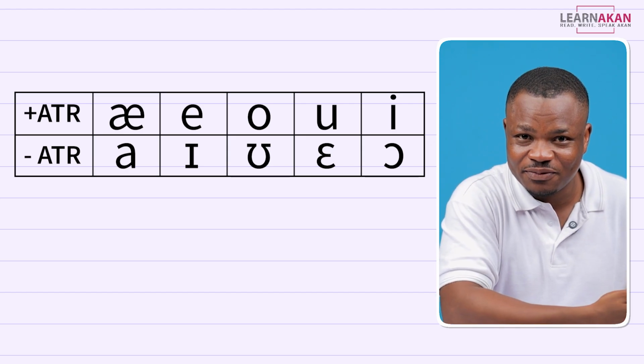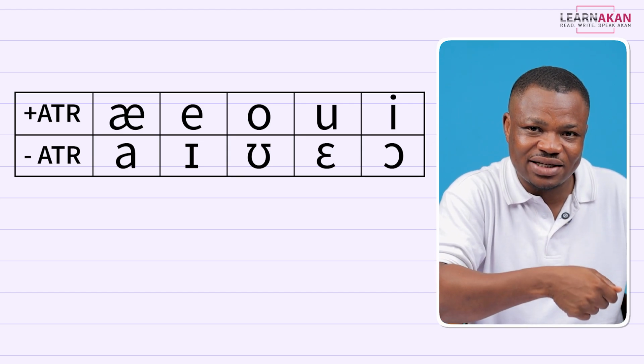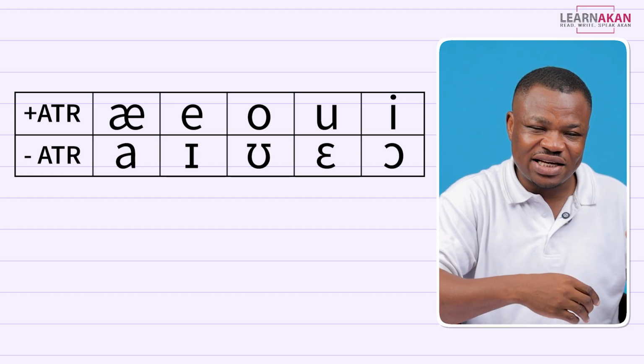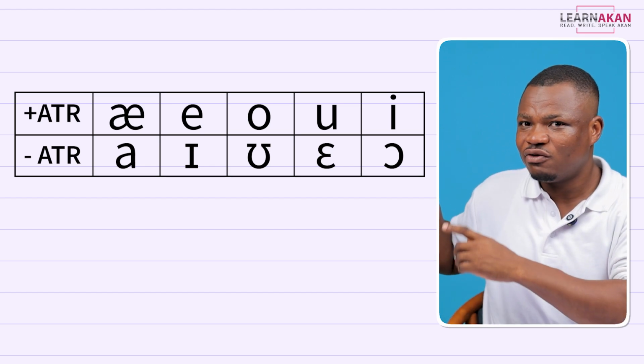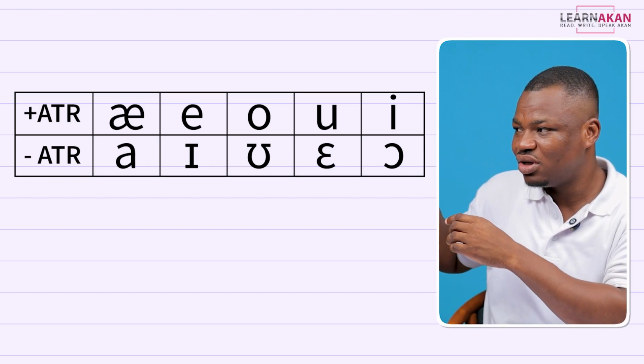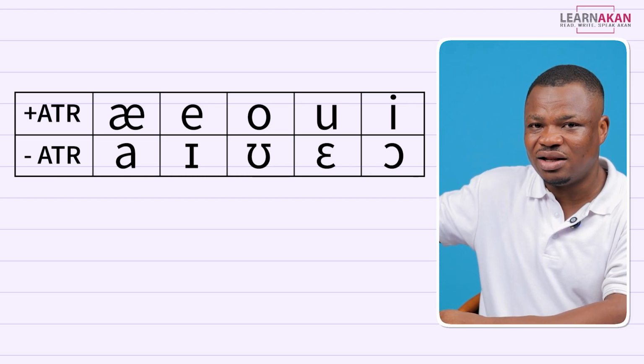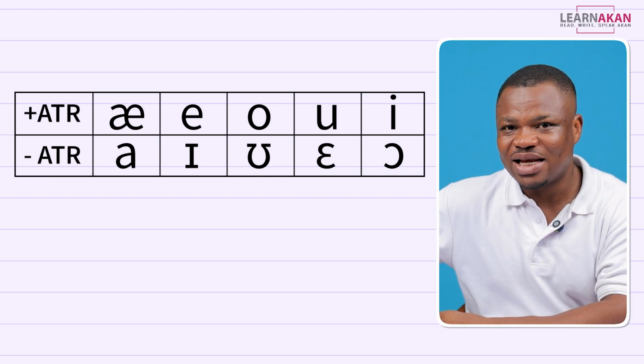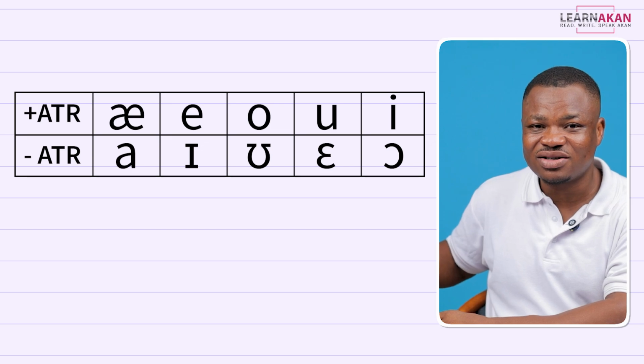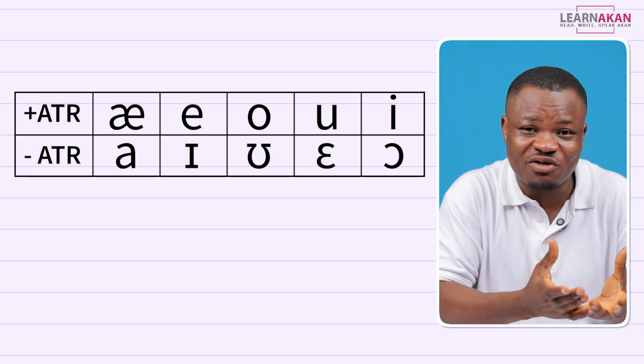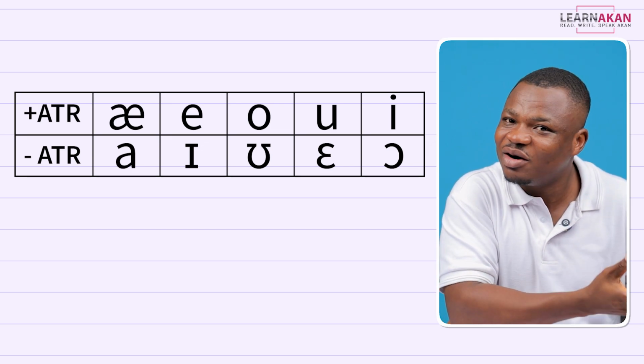There's vowel harmony. And as much as possible, that is what should happen. But if you come across an environment where vowels from either set, so let's say you have vowels in the plus ATR set and vowels in the minus ATR set appearing within the same environment, then there isn't harmony.